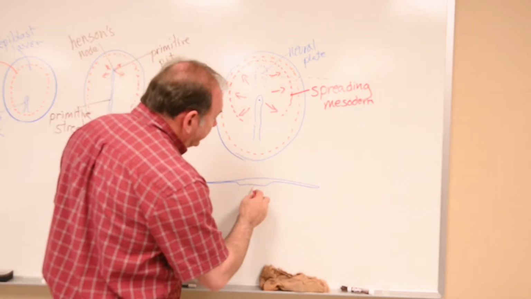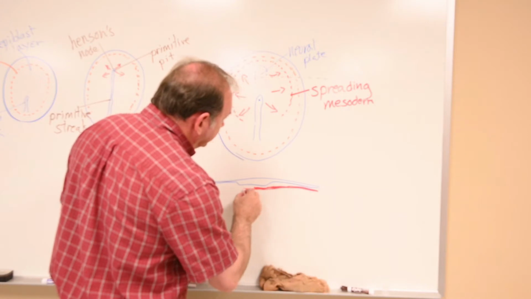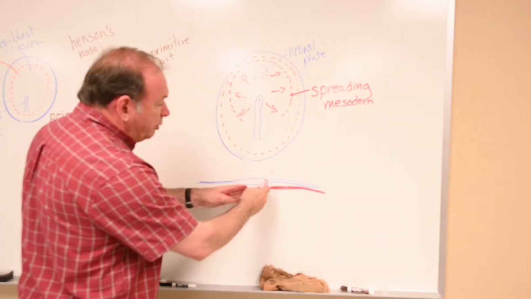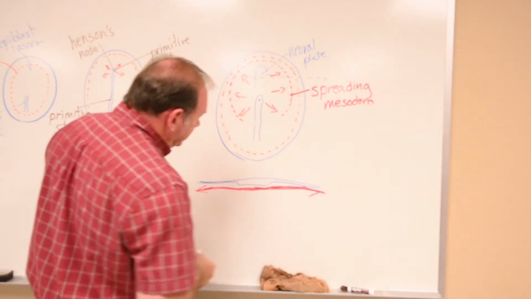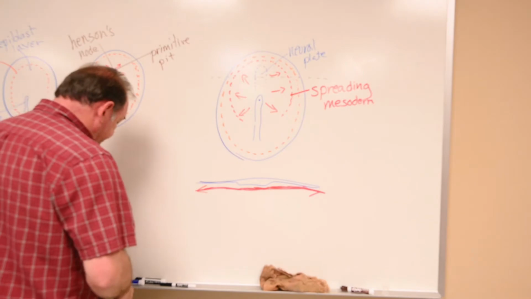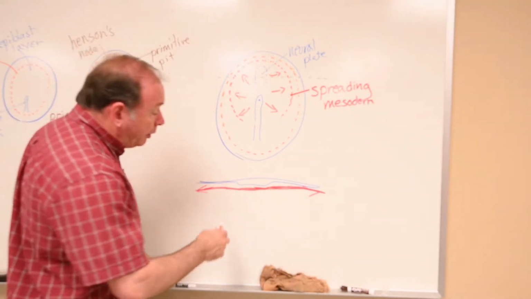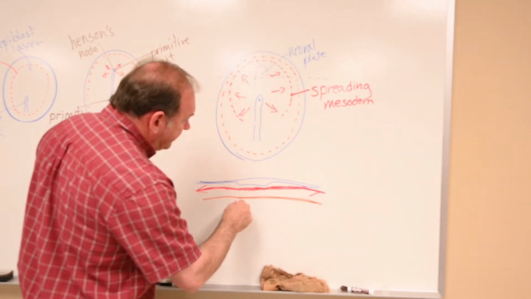And then we have mesoderm spreading out to either side. Remember, it starts in the middle and it moves laterally, so this is all going out to either side. Then we have below that our hypoblast layer, still in there. There's our hypoblast cells.